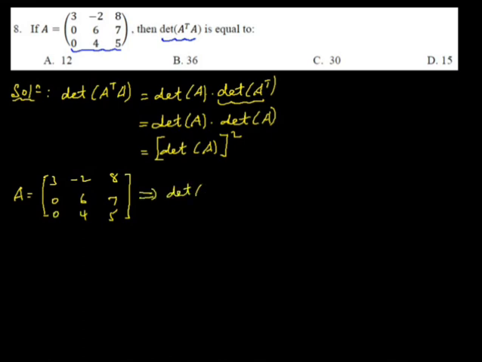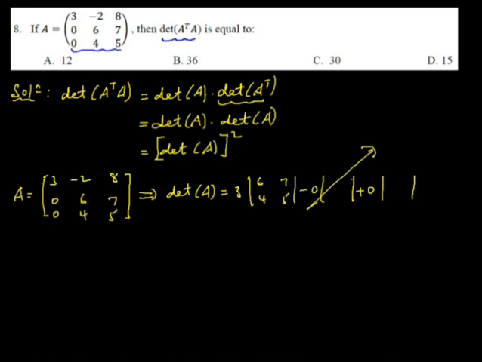The determinant of this matrix is calculated as 3 times the determinant of 6 7, 4 5, minus 0 times a certain 2 by 2 matrix. Okay, we don't need it, plus 0 times another 2 by 2 matrix.